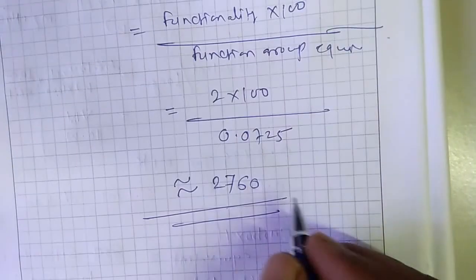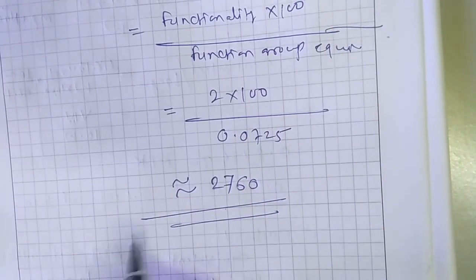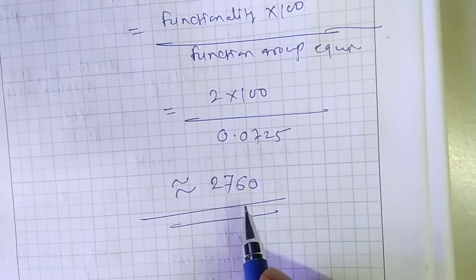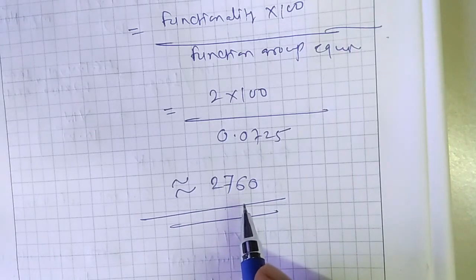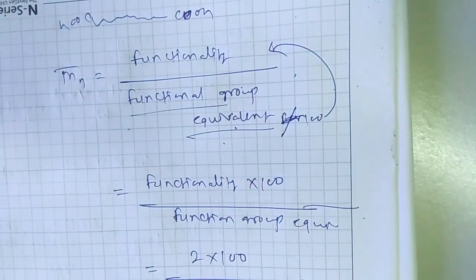So by using end group analysis we can determine the molecular weight. In this way we can determine different types of values: carboxyl values, hydroxyl values, amine values, saponification values, and we can use this formula to determine the molecular weight. Thank you.